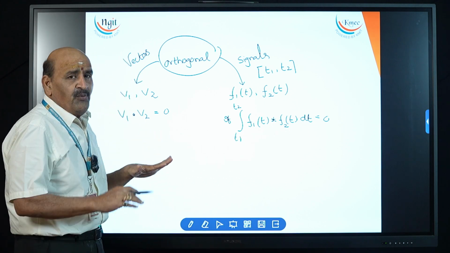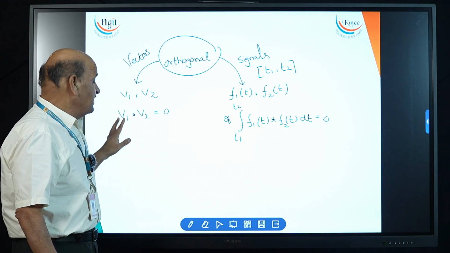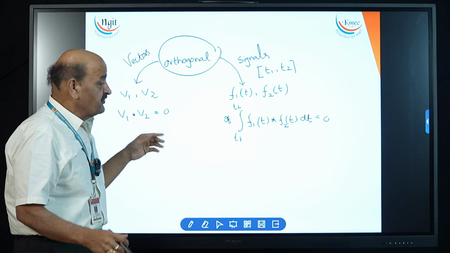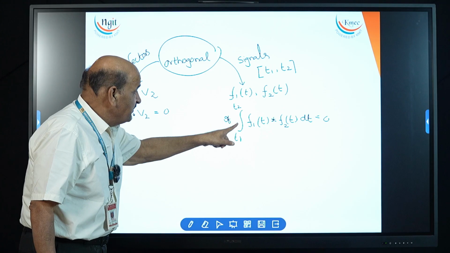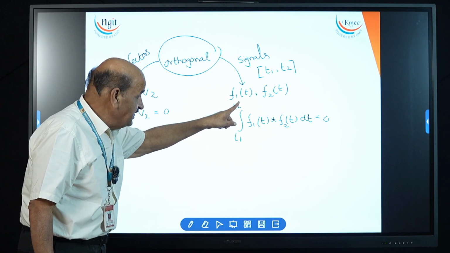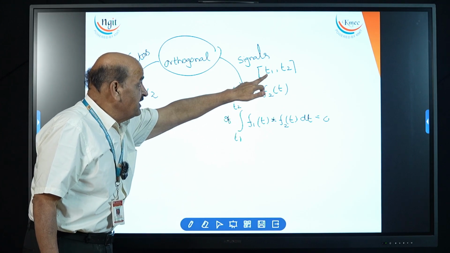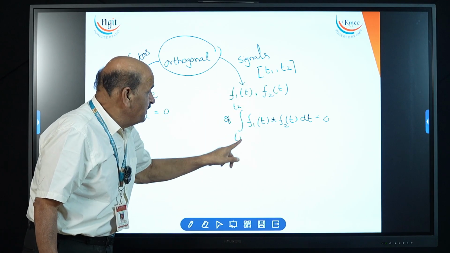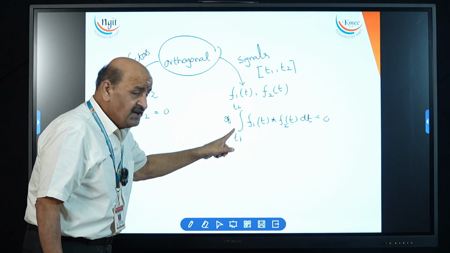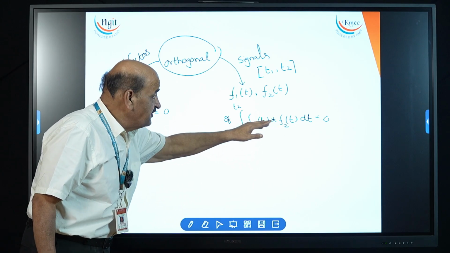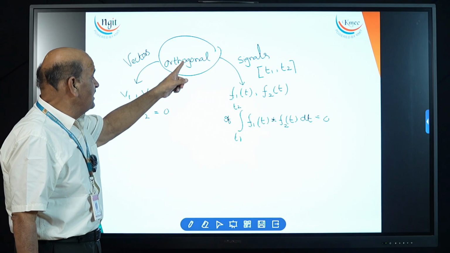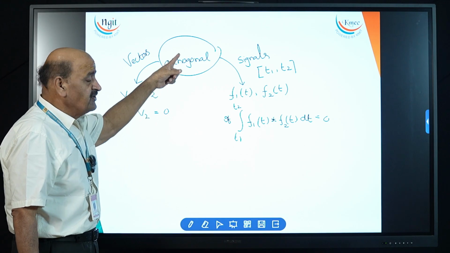This is the direct, common dot product. It doesn't need any other operators, but here, because of the continuous property, we use integration for continuous signals. So integral from which interval? From the time interval t1 to t2. We are integrating with respect to the variable t. If this is equal to 0, it is orthogonal.